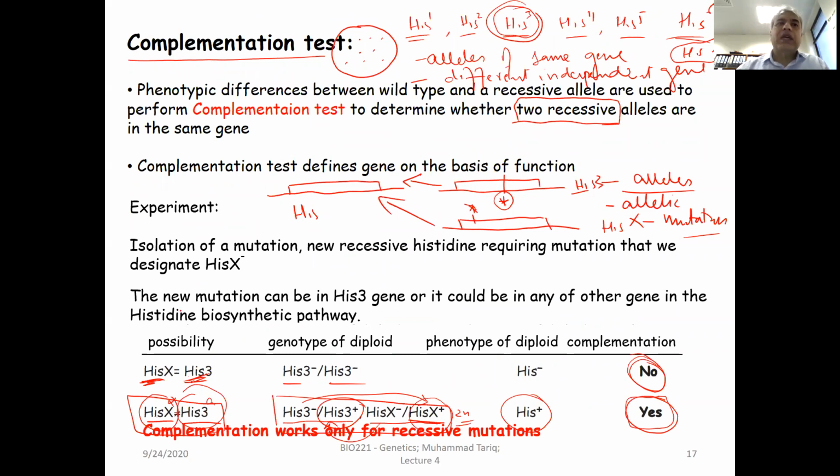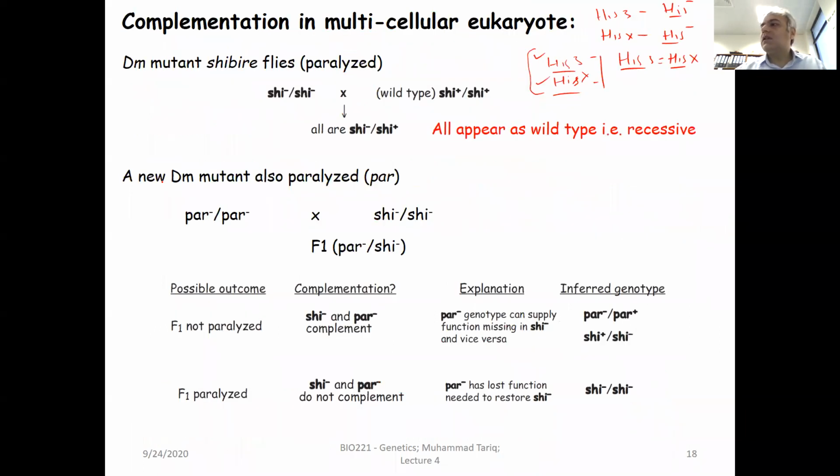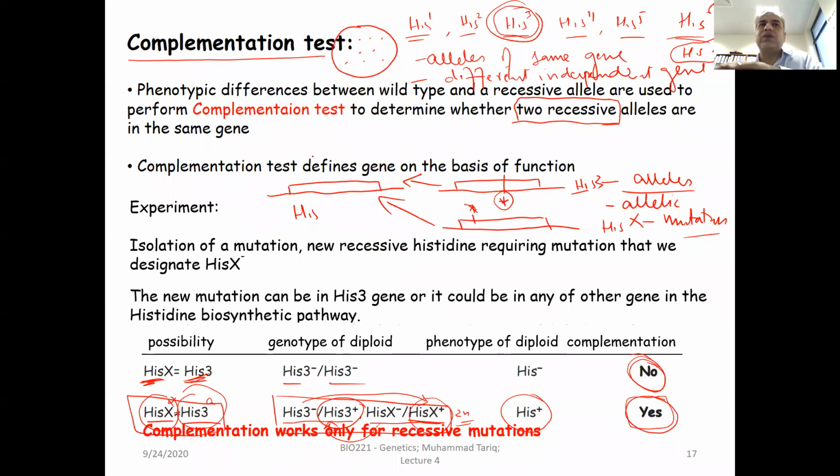So in this case, if they are mutations in the same gene, what will happen? Let's write them here. His 3 minus over his X minus. Now we are assuming that the mutation is in the same gene, which I drew here.